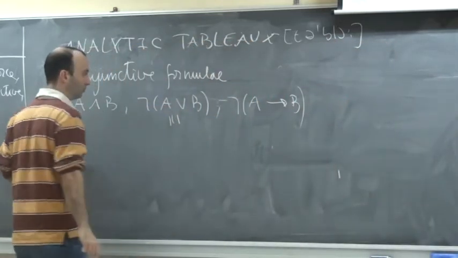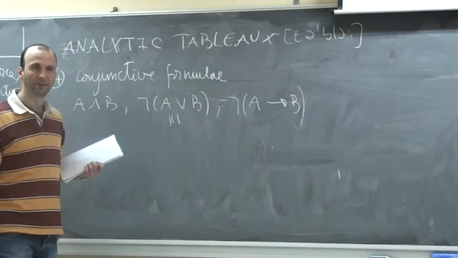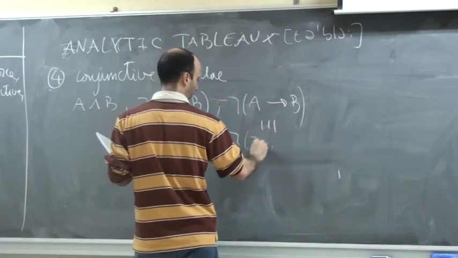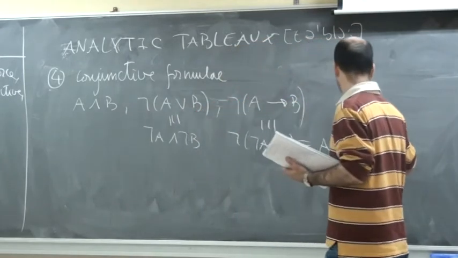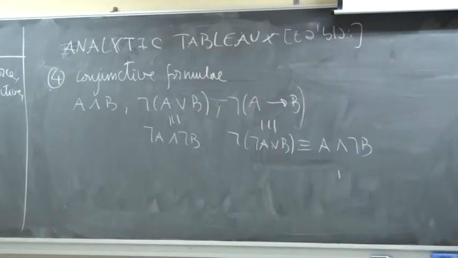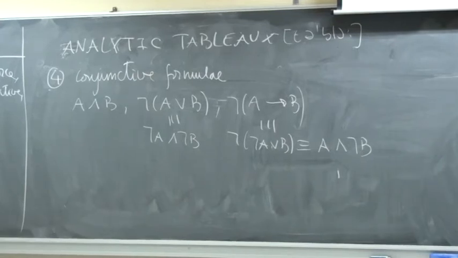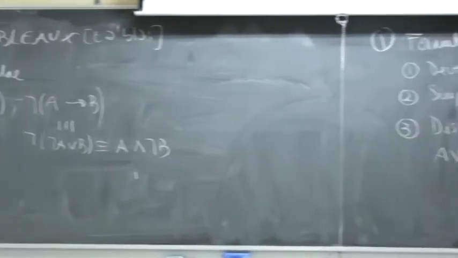This one is just true because of De Morgan's law. And this is the negation of the other one. Right? So, no problem with that. So I have my formulae classified into these four categories. Right? That's the first step.